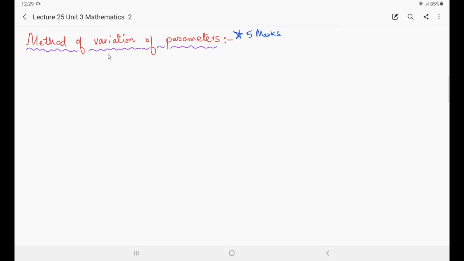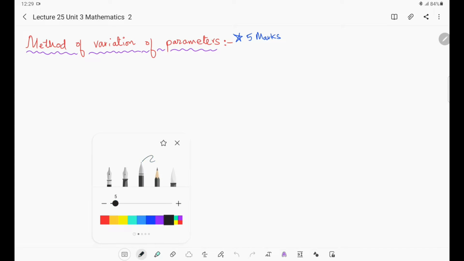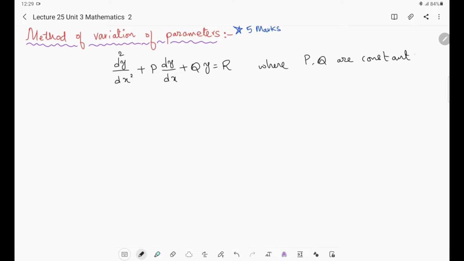Generally the equations given will be non-homogeneous second order differential equations with constant coefficients, that is d square y by dx square plus p into dy by dx plus q into y equals r, where p and q are constants, because this is an equation with constant coefficients.